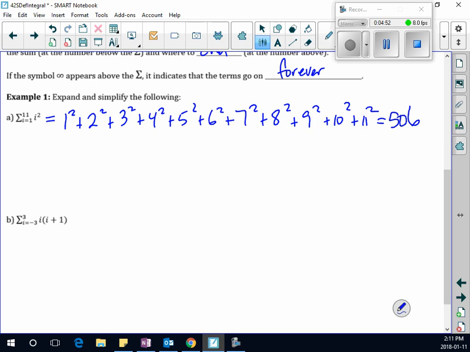Okay. So again, you could punch this into your calculator, or we're going to start at -3. So this would be negative 3 times negative 3 plus 1, which is negative 2, plus negative 2 times negative 2 plus 1, which would be negative 1, plus negative 1 times negative 1 plus 1, which would be 0, plus 0 times 1, which gives you 0 there.